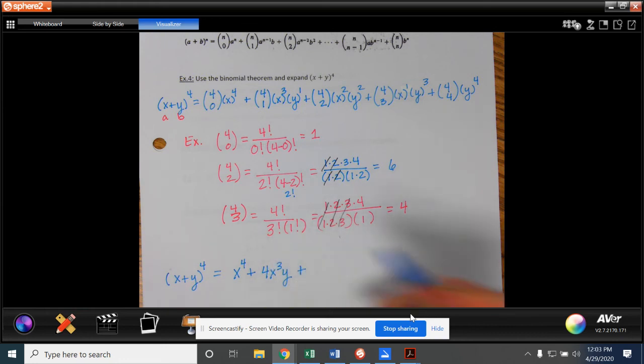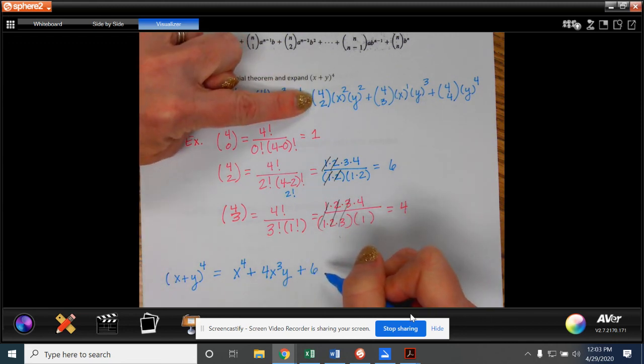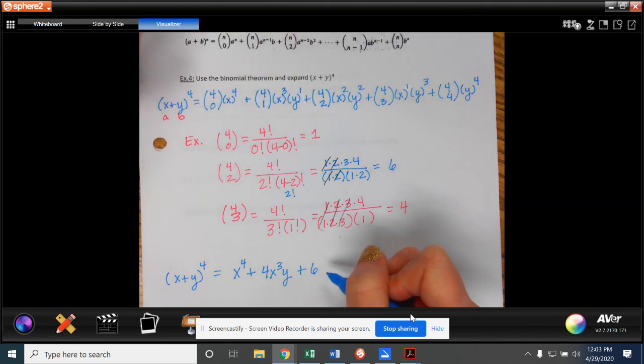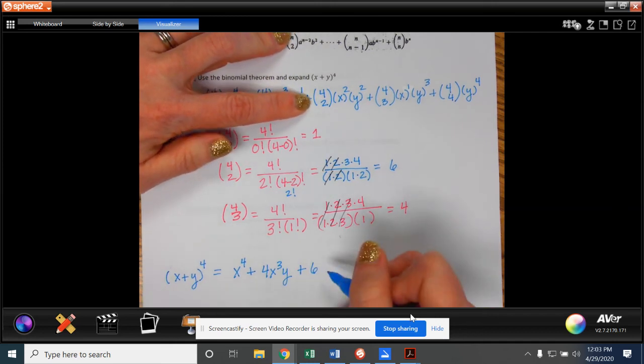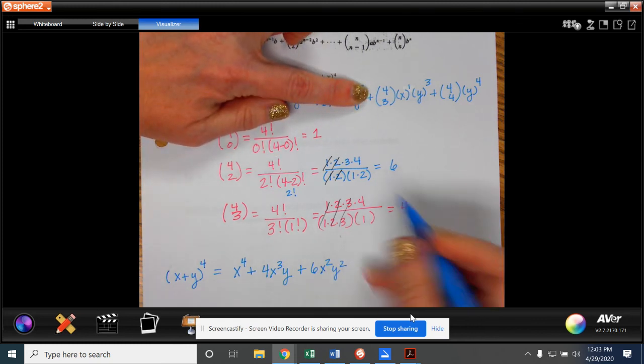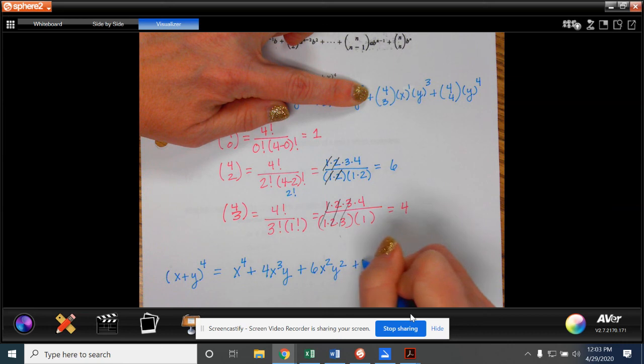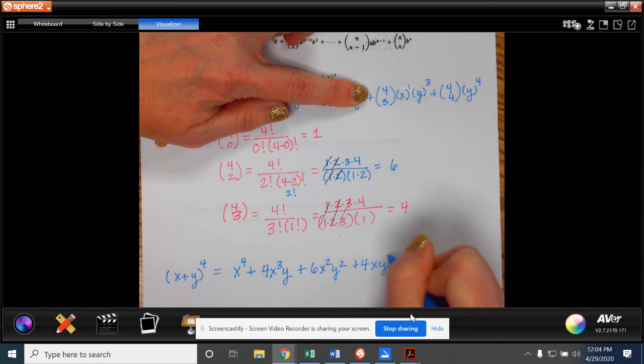And then I did do this one at 6, so it's 6 times, this is the third term, x squared and y squared. And then I go to the next one, and that's this one. So plus 4xy cubed, and then plus 1y to the 4th.